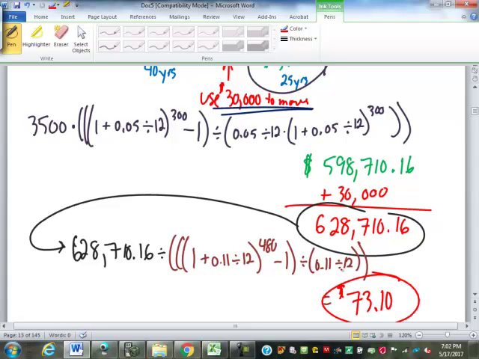Always put the exponent outside of the parentheses. Yes, it always goes outside the parentheses here.